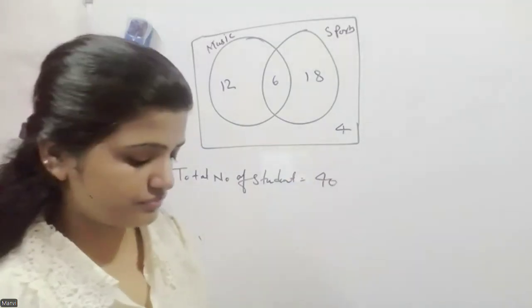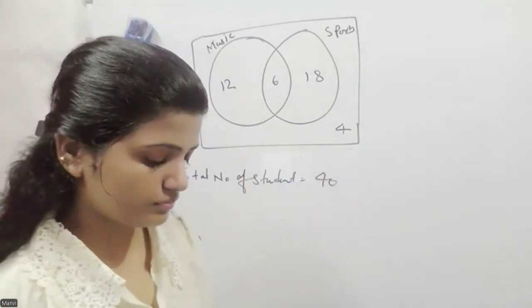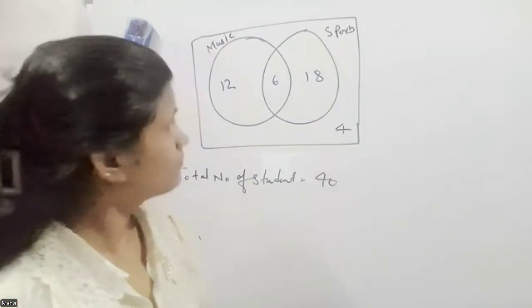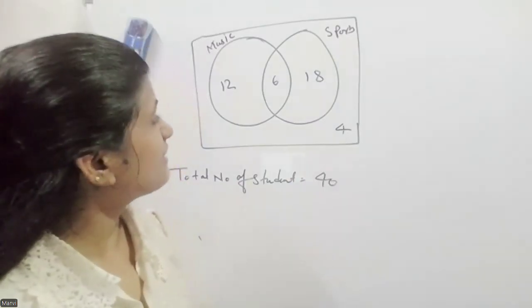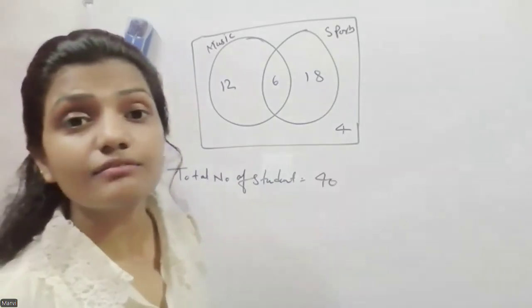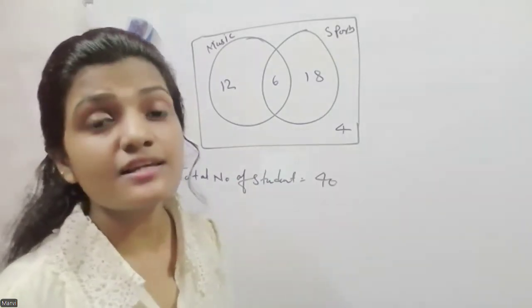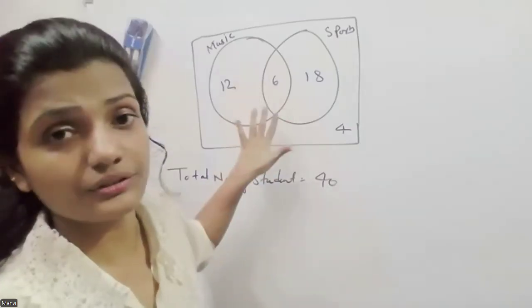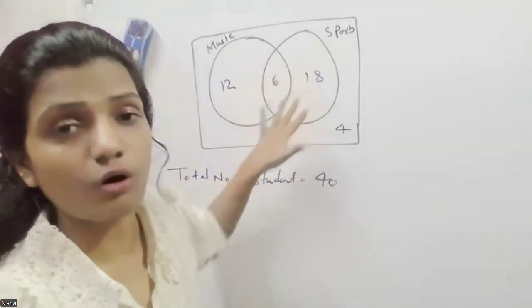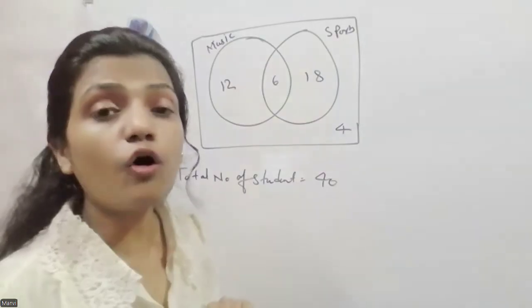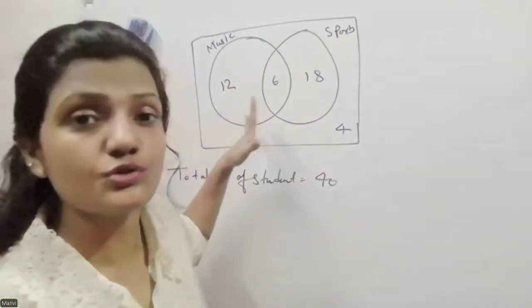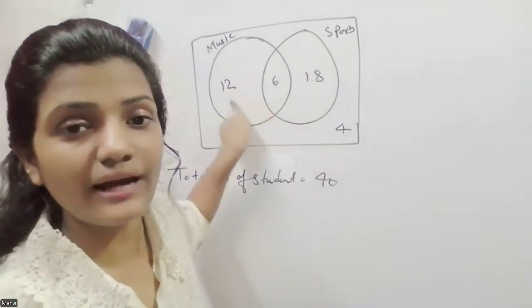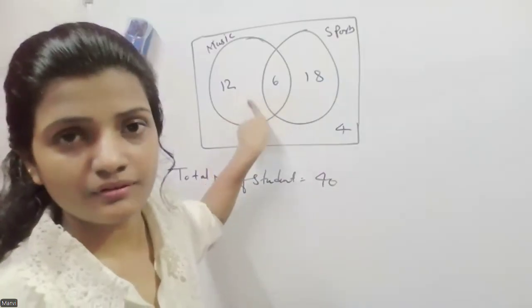Sometimes I ask the total number of children, all together in this group, so you need to add all those. If I say all together who like music, then you need to add these two only, right?